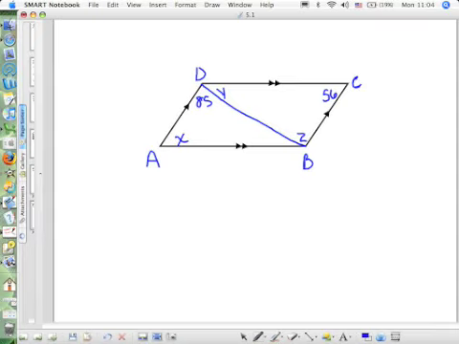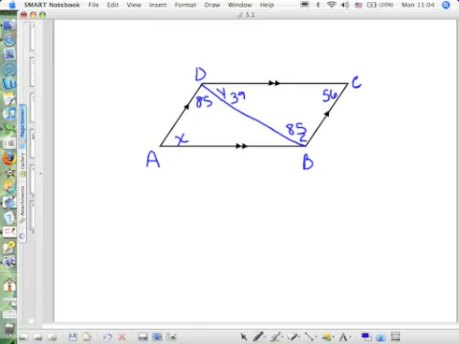Okay, X is 56. Well, it's easier starting from Z because it's a logical order. Actually, it's easier starting from X, I think. Because Z is an alternate interior angle of 85, so Z is 85. 85 plus 56 is 141, and so Y is 39.